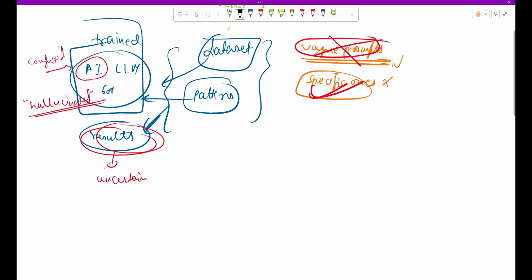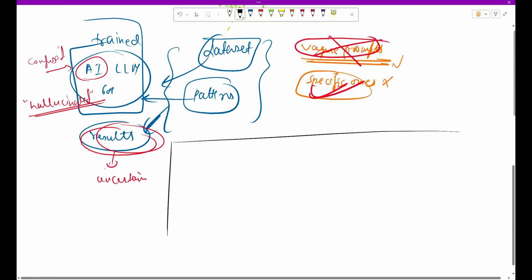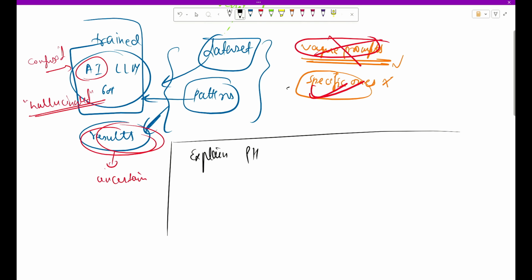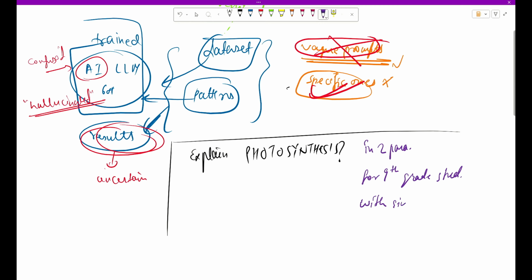What I mean by specific prompts, let me explain. I give you an open-ended question, let's say: explain photosynthesis. Now it's an open-ended question, right? But what if I say: explain photosynthesis in two paragraphs for ninth grade student knowledge and with simple analogies?